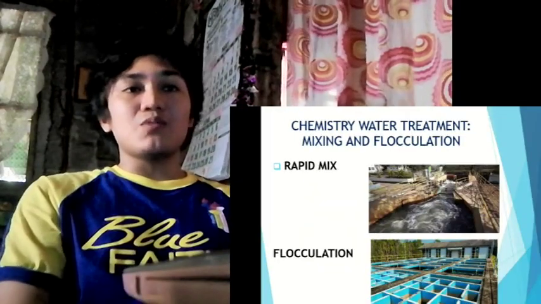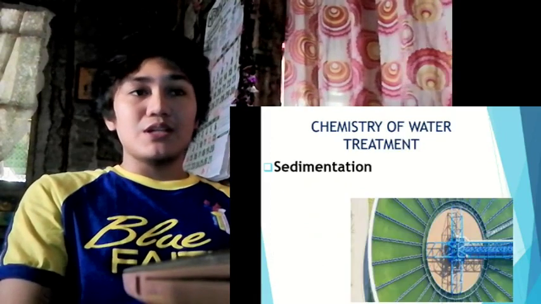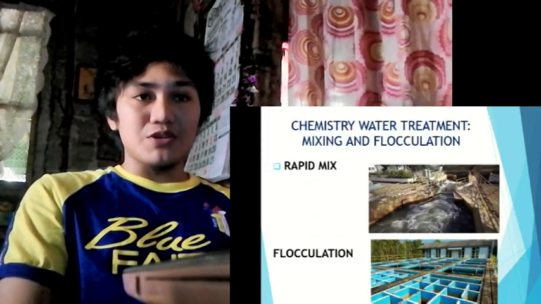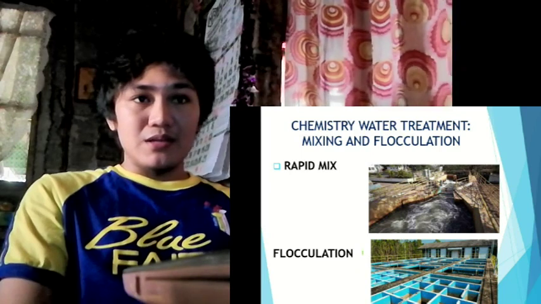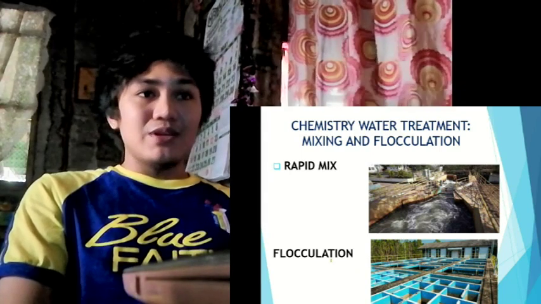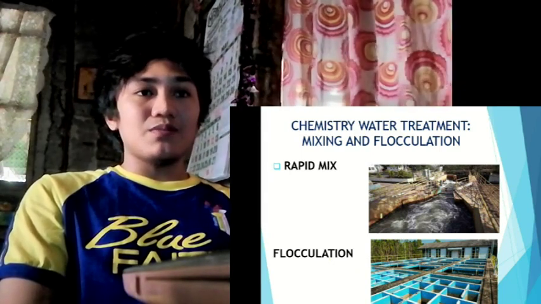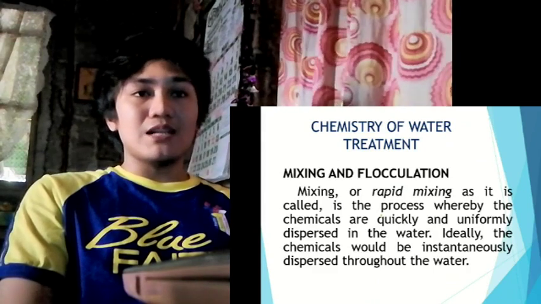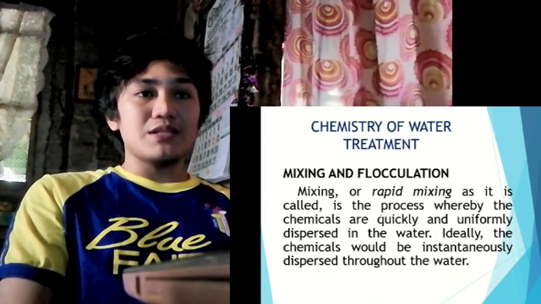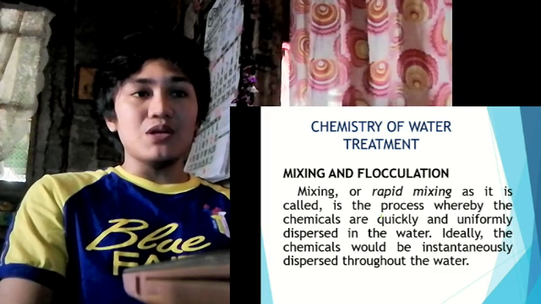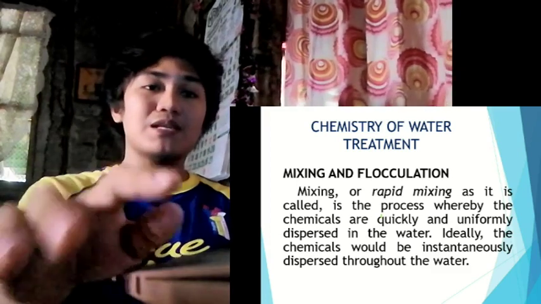In the treatment of water and wastewater, the degree of mixing is measured by the velocity gradient, or G. The velocity gradient is best thought of as the amount of shear taking place. That is, the higher the G value, the more violent the mixing.